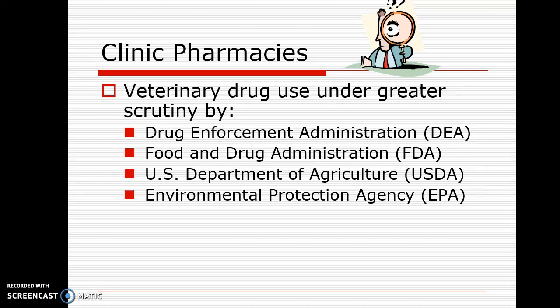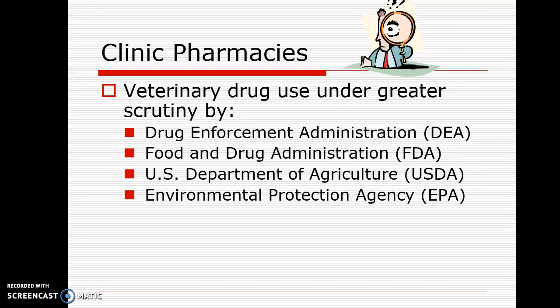And then the USDA, the Department of Agriculture, is over what we call biologics, things like vaccines, bacterins, and some of the diagnostic test kits that involve biologics. So it's kind of a separate little area over the vaccination part, those types of drugs that are in your clinics.